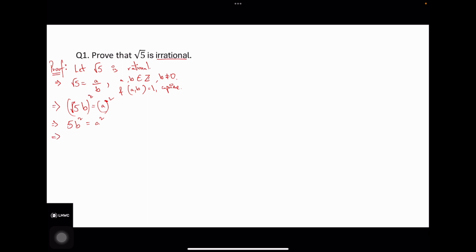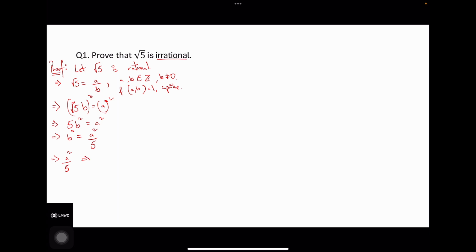After that, we take the b to the denominator of a square, because we need to prove that root 5 is indeed irrational. So now what we have got is a square by 5, which means that 5 divides a square.